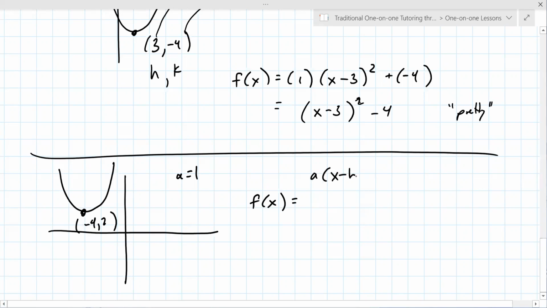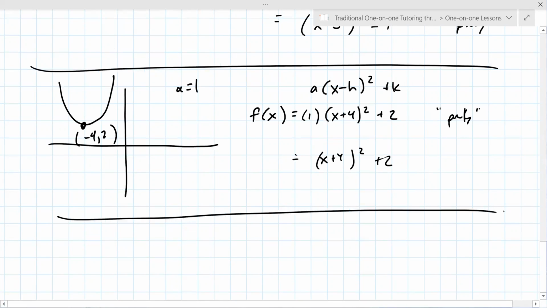Yeah, I think I got it now. Okay, so a is 1. x plus 4 squared plus 2. Perfect. And if you want to do the pretty step, you get rid of the 1: x plus 4 squared plus 2. All right, let's try another one here.